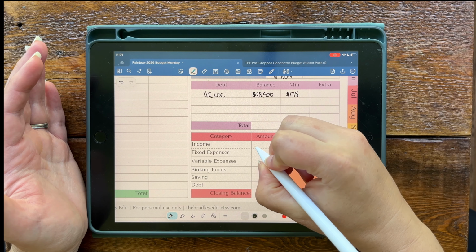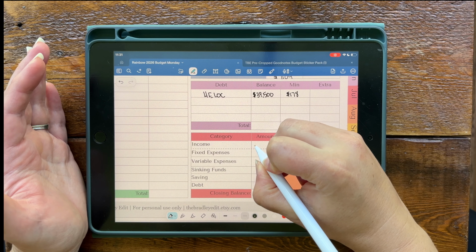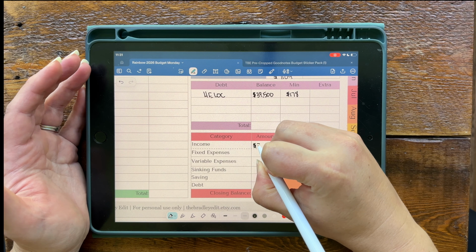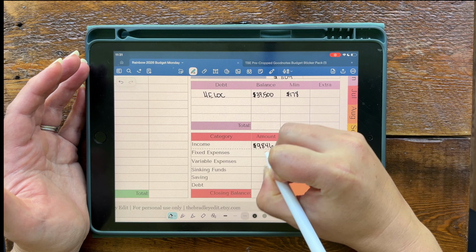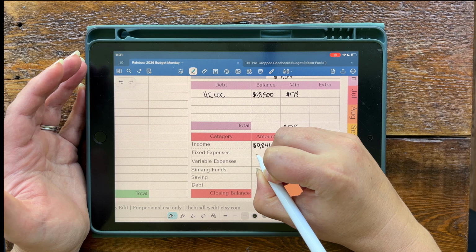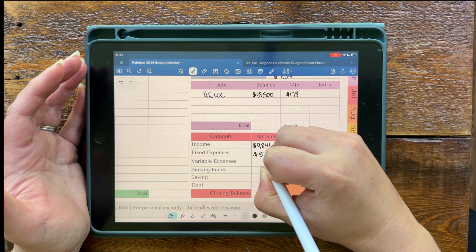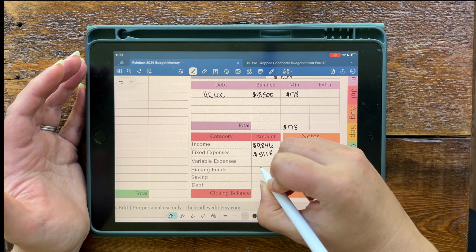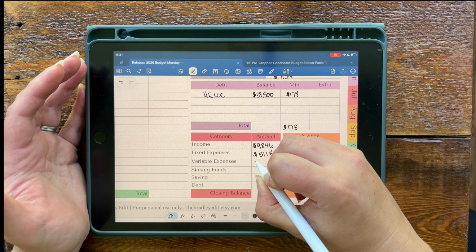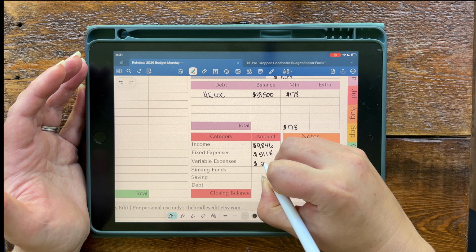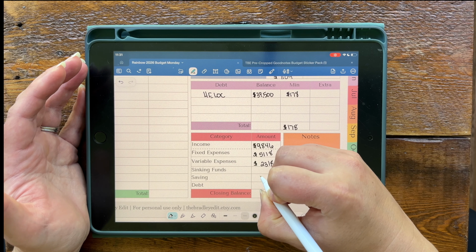So let's enter our total income, which was $98.46. Our fixed expenses were $5,118. Variable expenses, $23.18.